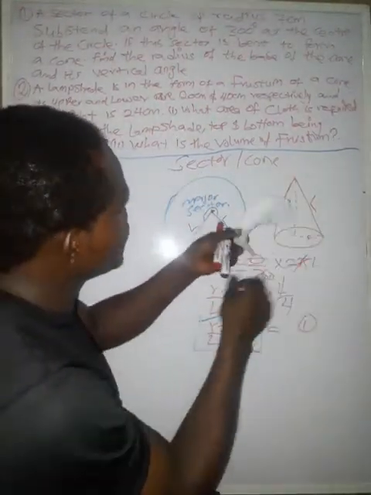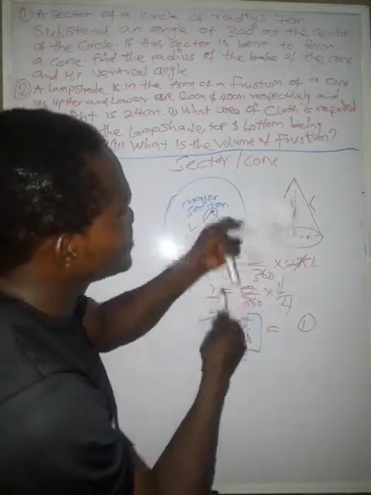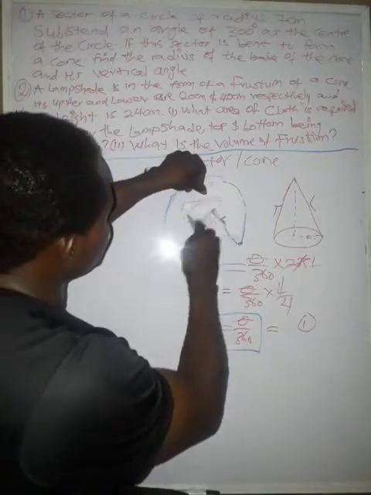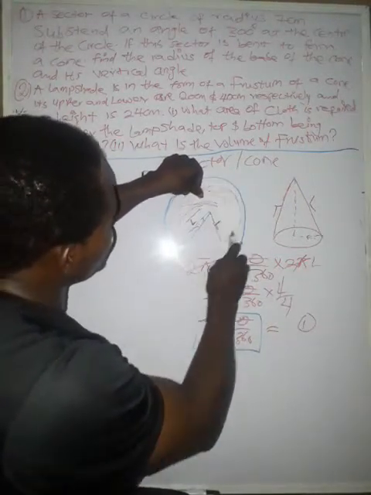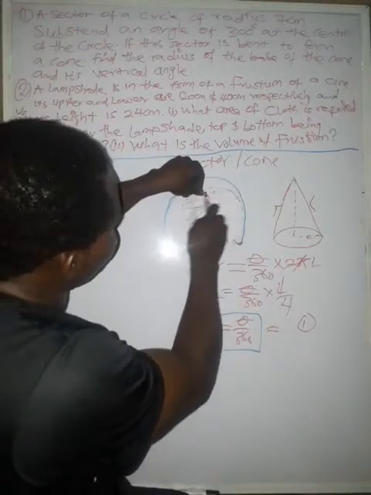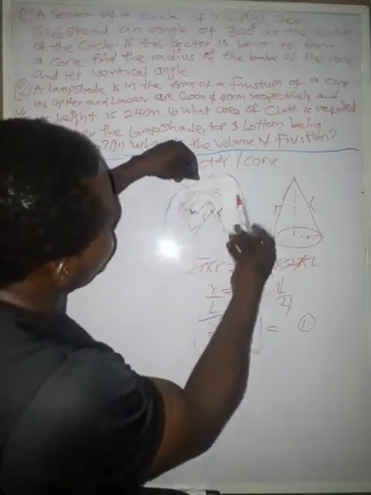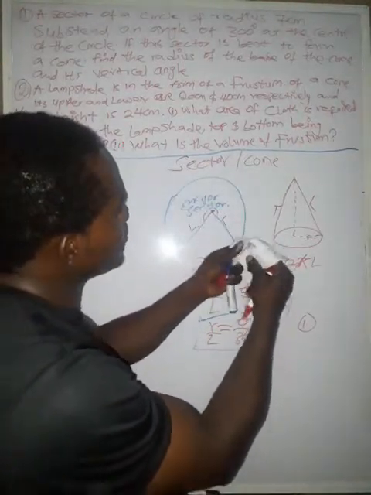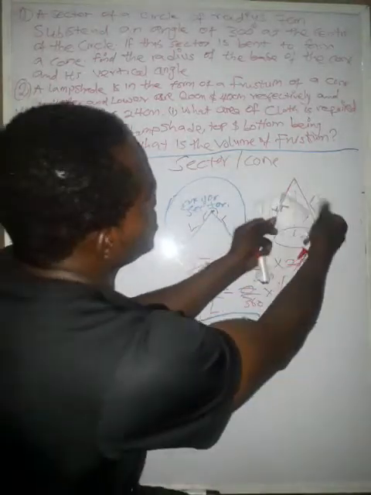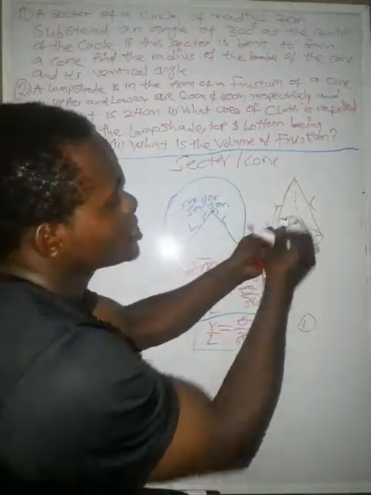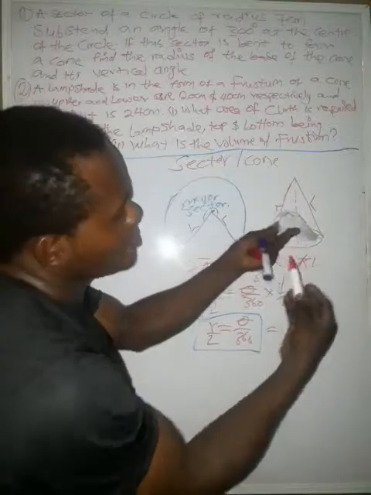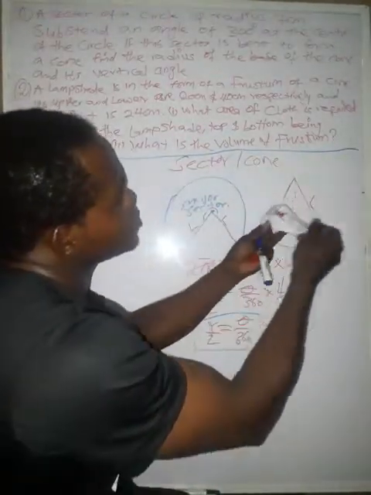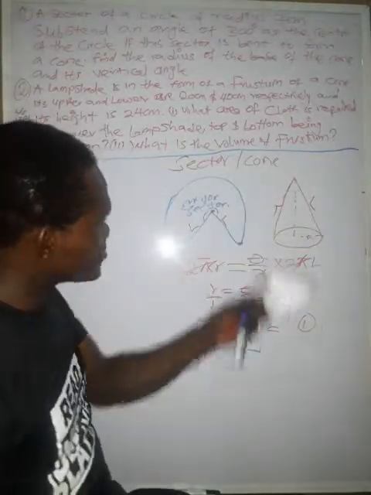Everything here is the area of the sector, and when you use it to form a cone, it becomes the area of the curved surface of the cone. You see that everything is shaded, which is the curved surface. The area of the sector will be equal to the area of the curved surface. That is what I want to do.